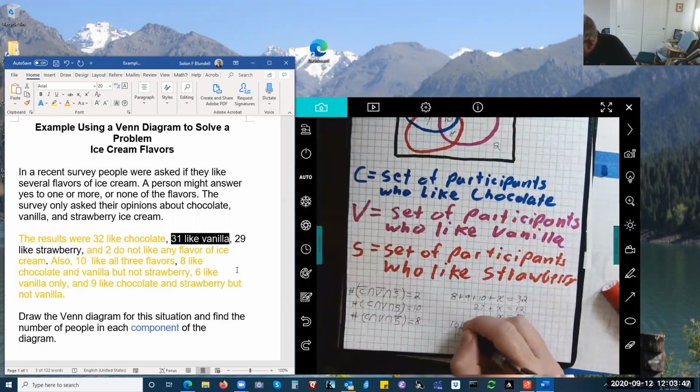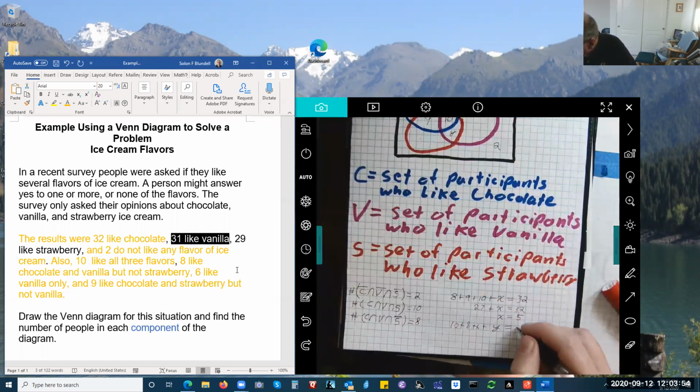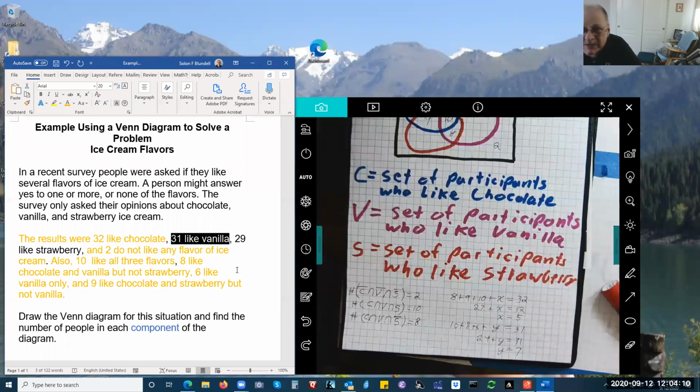So 10 plus 8 plus 6 plus y equals 31. So 24 plus y is 31. Y equals 7.